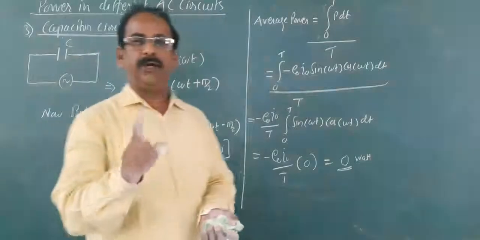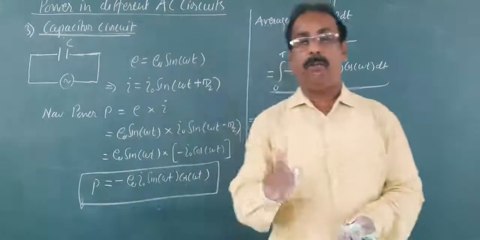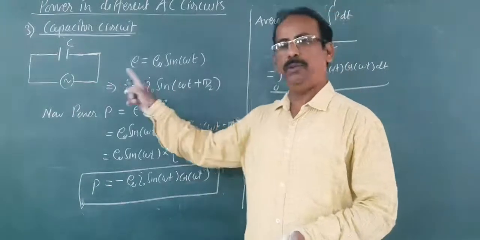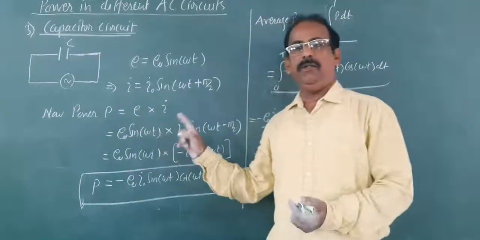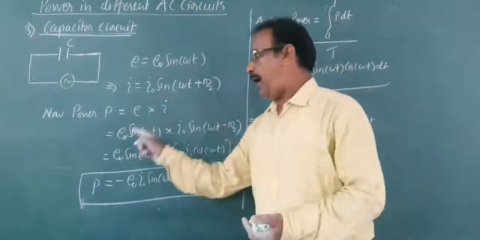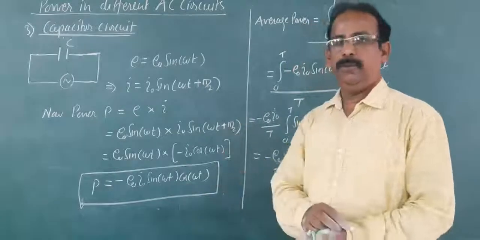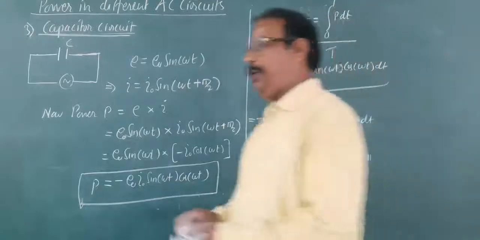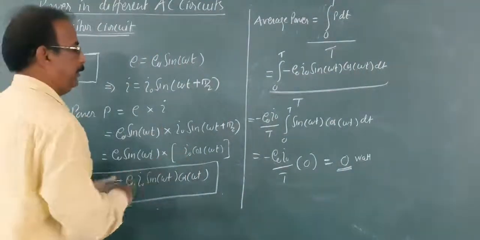In a capacitor, current leads the EMF. Means you have to take here the phase for current as omega t plus pi by 2. This is the current passing through this circuit. Power in the circuit is the multiplication of EMF and current. Putting these values here, sine of omega t plus pi by 2 comes cos of omega t.